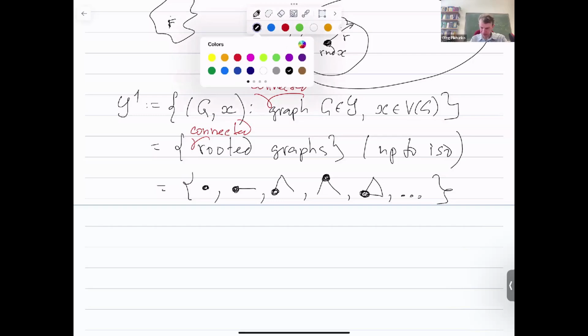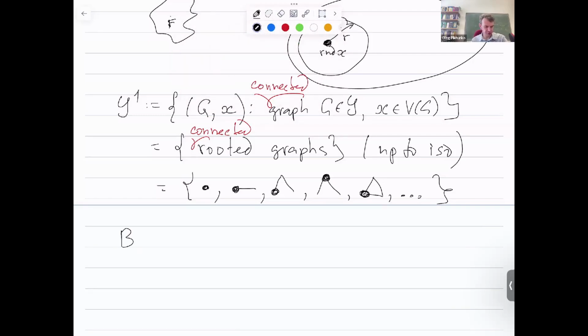And now, once I have such a graph G, I define the R-ball. So I have G with root x, and I have to tell you a distance R. I look at the set of vertices which are at distance at most R from x.